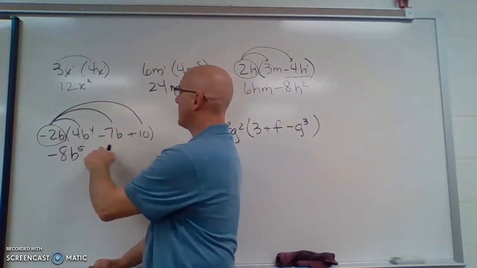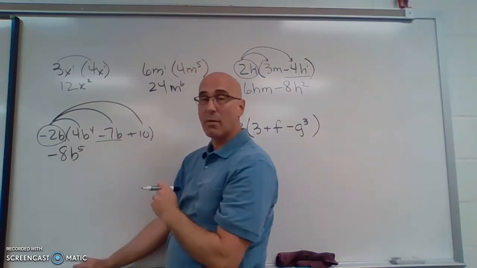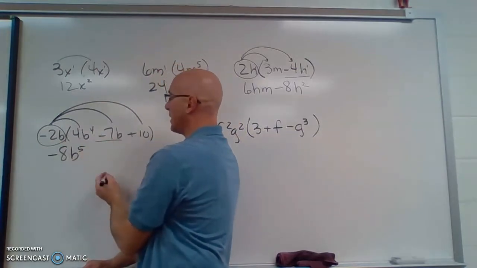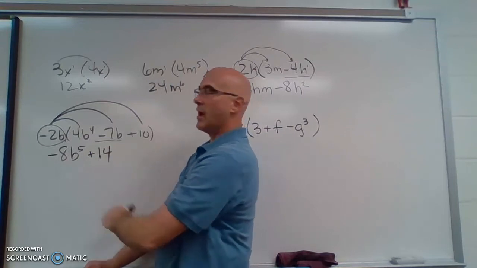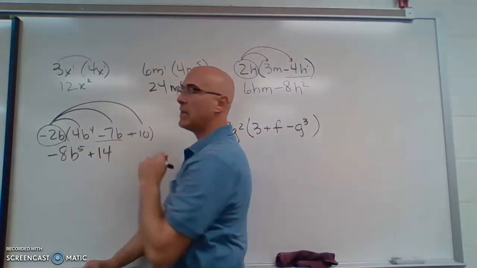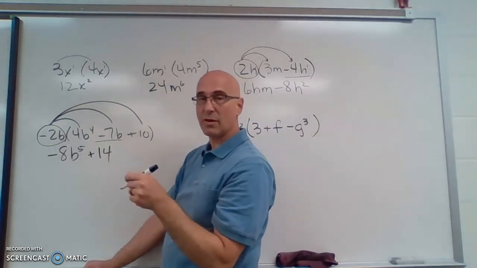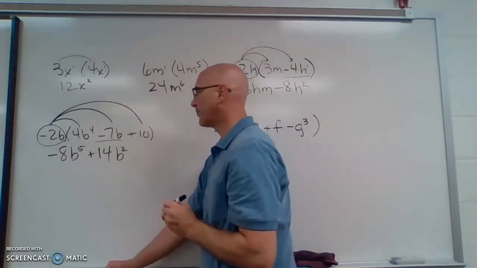Now let's look at this term. It has a minus sign, so we have to remember that when we multiply. We have negative 2 times negative 7, that's a positive 14. And then we have a b and a b. Same letter, we just add the exponents. So b to the first times b to the first is b to the second.